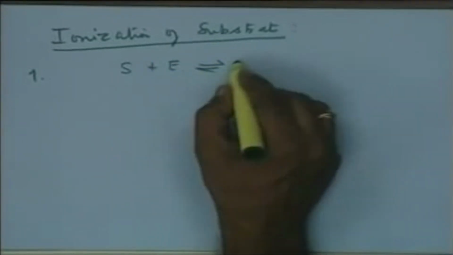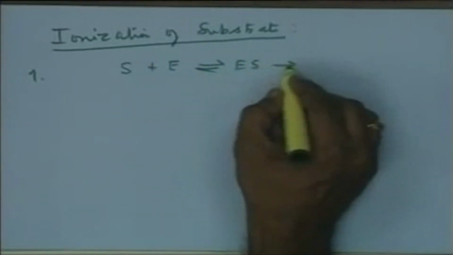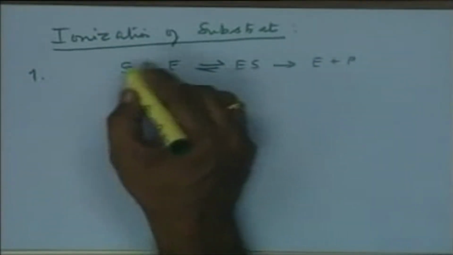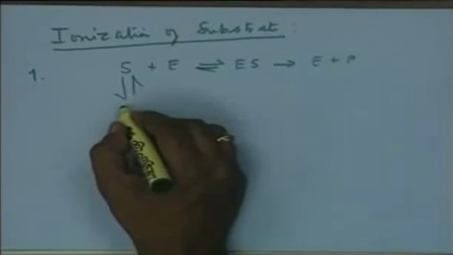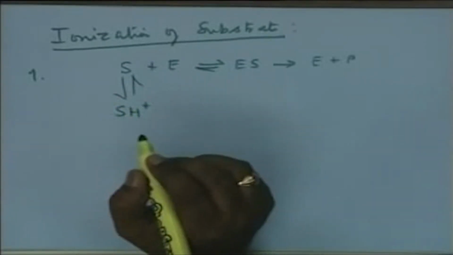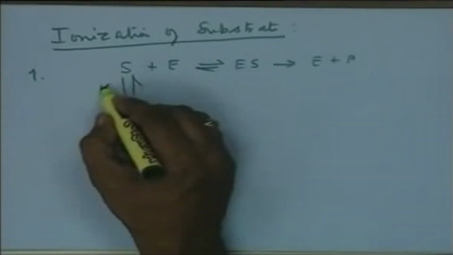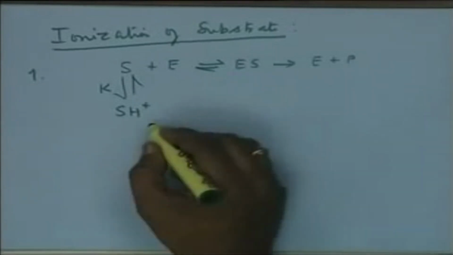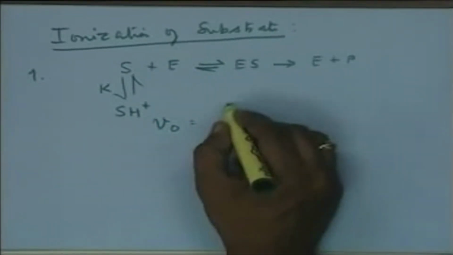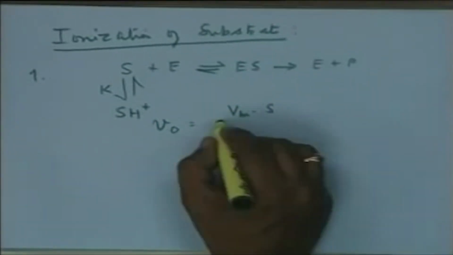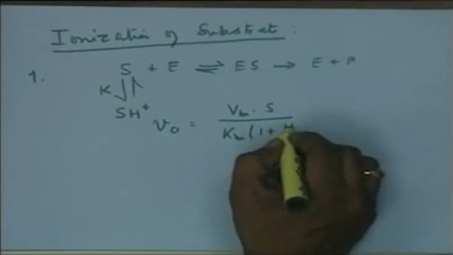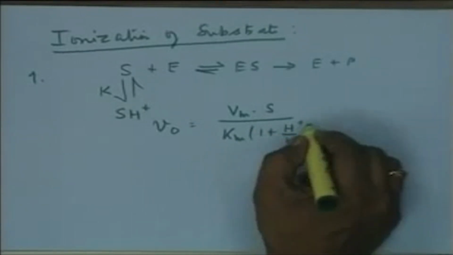Suppose we assume the simplistic case of the neutral substrate, but the substrate can ionize and give a protonated form at an ionization constant K, assuming only one ionizable group. Now you can arrive at the rate expression for such a system as V = Vm S / (Km(1 + H/K) + S).